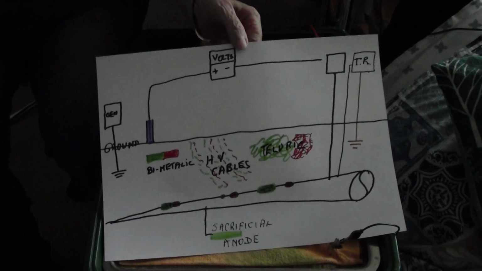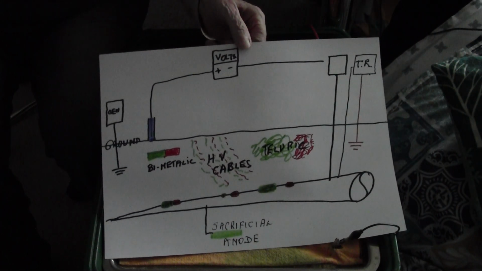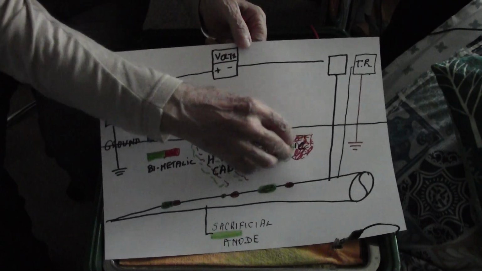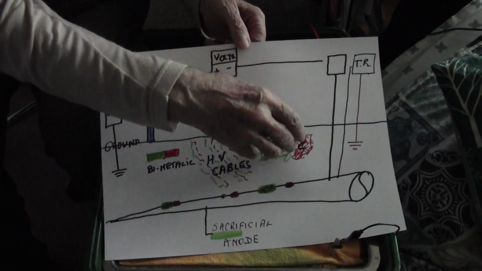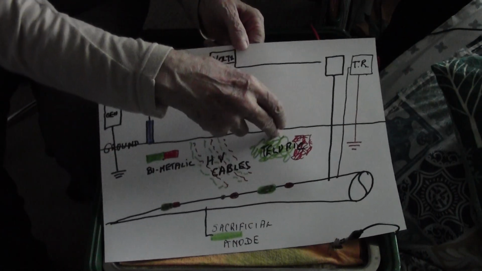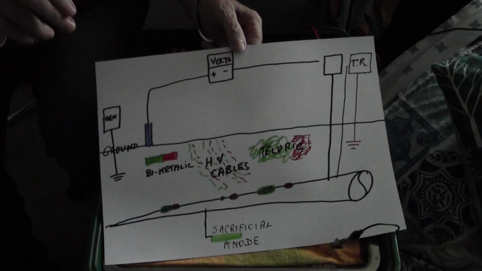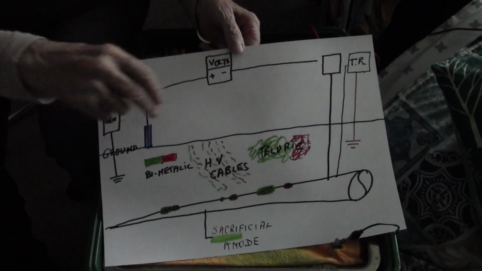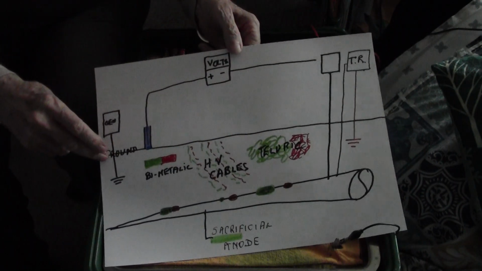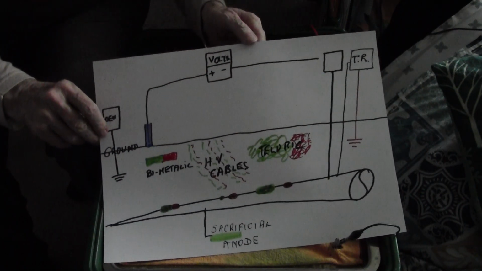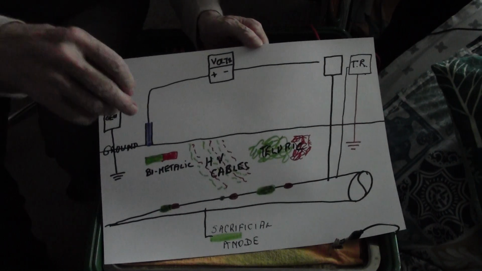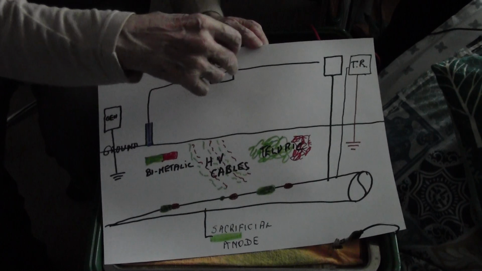But what I have found and proved is that you can cause a static telluric effect in the ground, and if you put your half cell over that, you will get a different reading to putting it over virgin ground or natural ground.